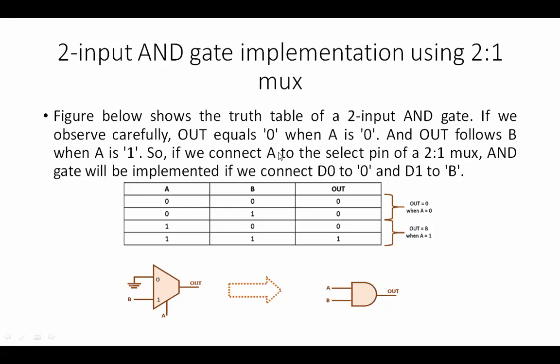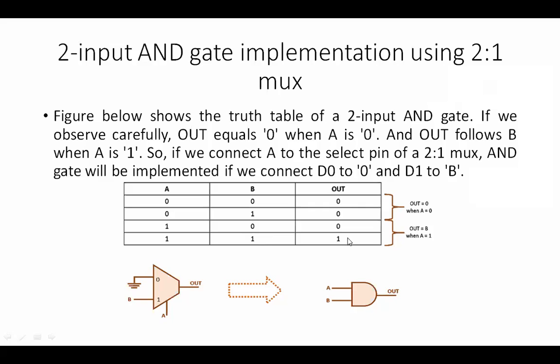Is that true or not? Yes, sir. So I have my set of inputs and then I have my set of outputs. It is trying to relate: if I give this combination, what is going to be my output? If I give 1, 1, what is going to happen? Ultimately, it is telling me what kind of inputs give what corresponding output. That is what you have to concentrate on here.